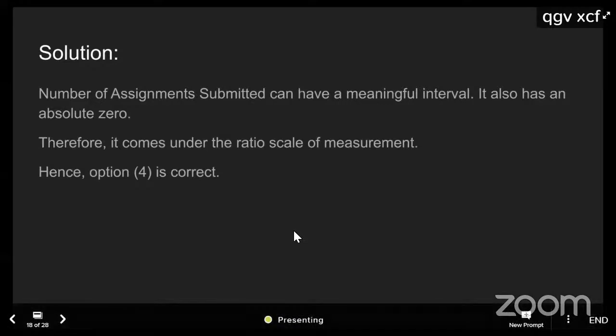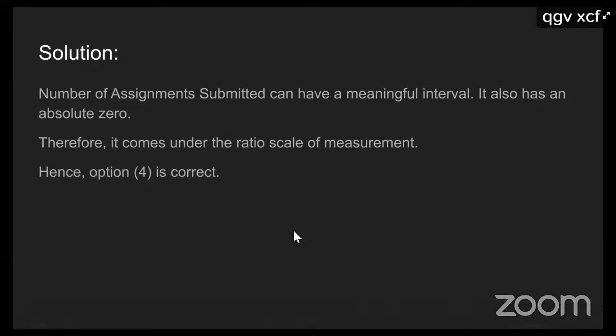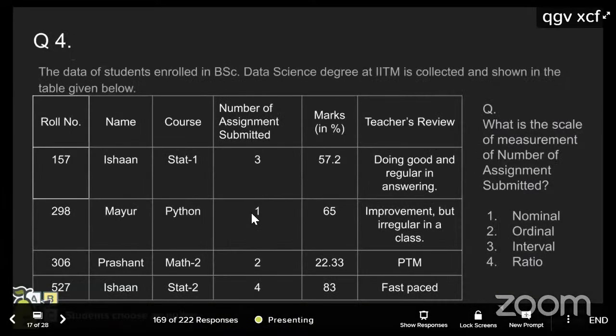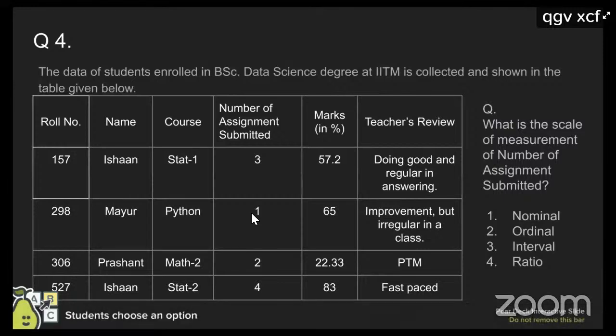Sir, I understood addition, subtraction, and division too, but how is multiplication also useful here? See, multiplication and division mean ratio makes sense. Suppose in the question, Isan has submitted 4 assignments and Prasant has submitted 2 assignments.